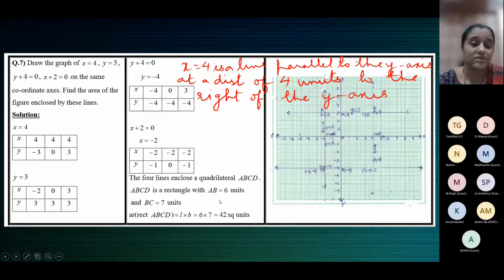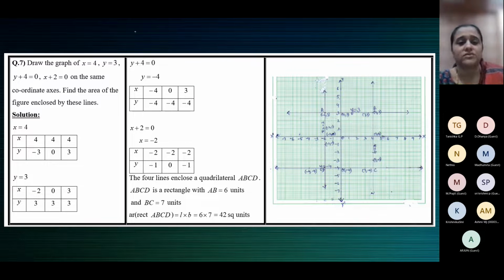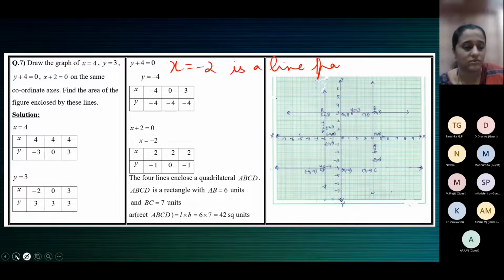Now let's write for x is equal to -2. X is equal to -2 is a line parallel to the y-axis. Sorry, my handwriting is so bad.